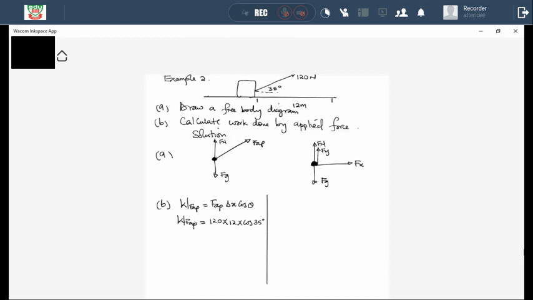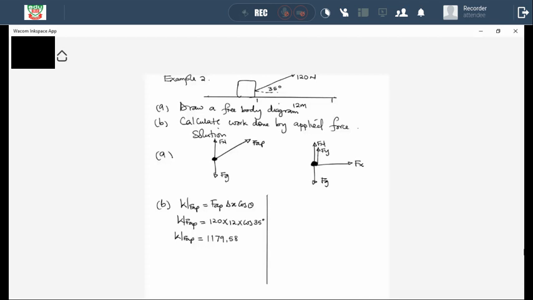Right. So we need our calculators. Take your calculator. We need cos 35. So work done by force applied is equal to 120 times 12 times cos 35. So cos 35 times 12 times 120, then I'm getting 1179.58.